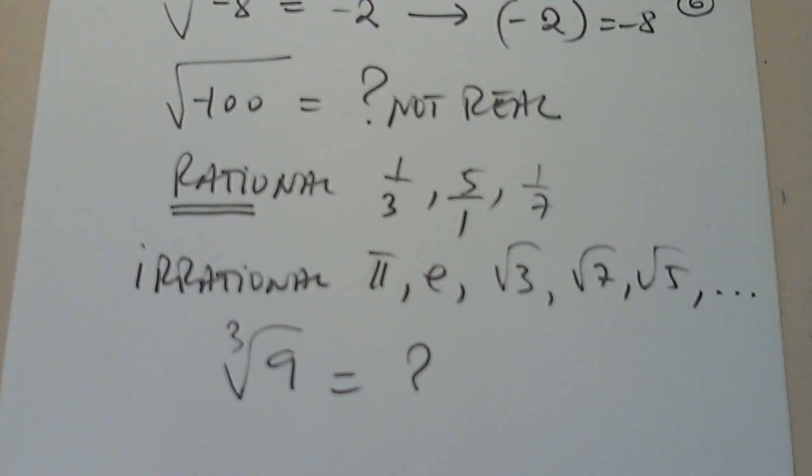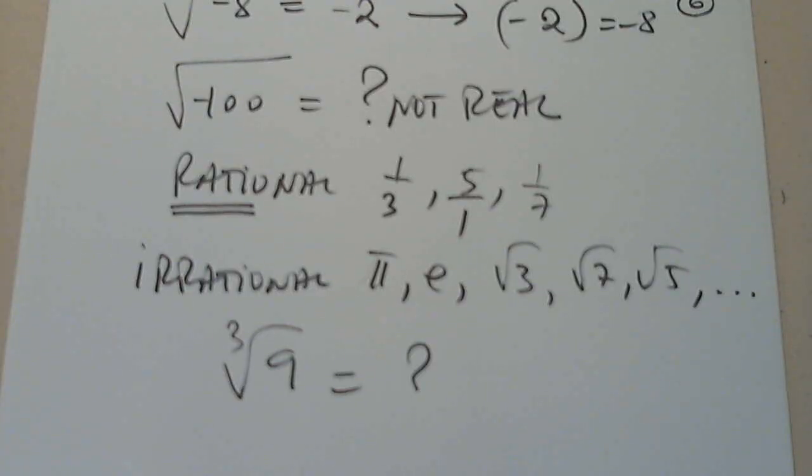You have other options, but I prefer the power 1/3. So 9 to the power 1/3, and you will see it will go on forever. It will be total gibberish, and there is no pattern. And no one can change this into a fraction, because it can't.